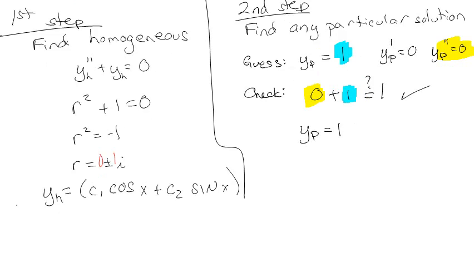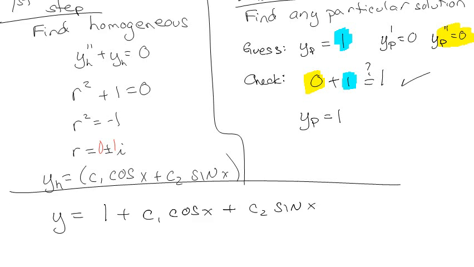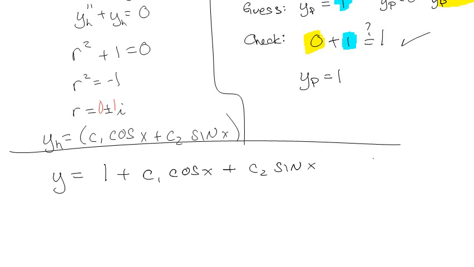So that means my full solution is the particular solution plus C1 cosine x plus C2 sine of x. Now this is really important. You always want to apply your initial conditions after you've got your full solution.